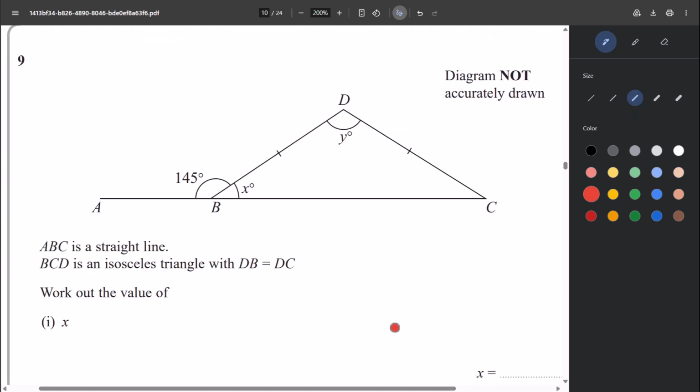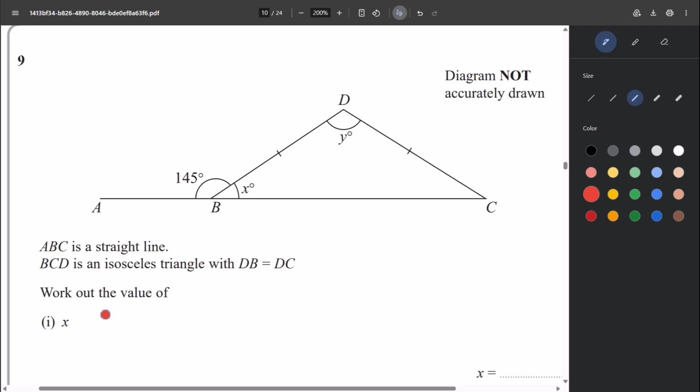Now we got this question number 9, and we know that ABC is a straight line, and we know that the triangle is isosceles, and again we know that DB is the same as DC, with these two lines indicating that the triangle is an isosceles triangle.